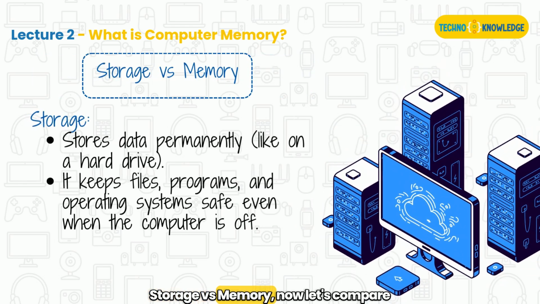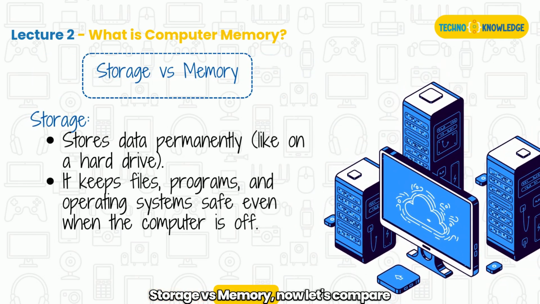Storage versus memory. Now, let's compare computer storage and computer memory. Storage stores data permanently, like on a hard drive. It keeps files, programs, and operating systems safe, even when the computer is off.